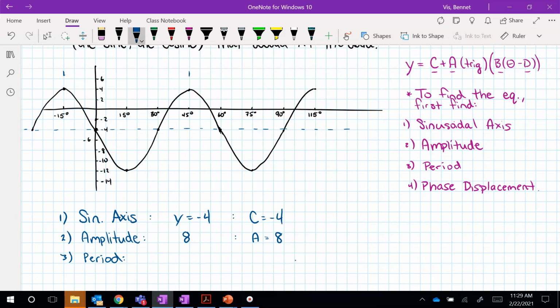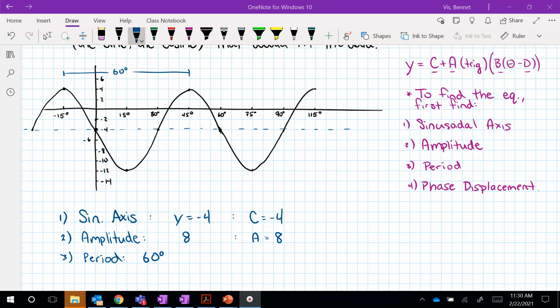It starts at -15 all the way to 45. That's taking 60 degrees to complete. So my period is 60 degrees here. And we'll just set that aside, right? We know the period is not the same as the b value, so I'm not just putting 60 in here. But my period and the b value, that thing that's related to the dilation factor, are tied together.